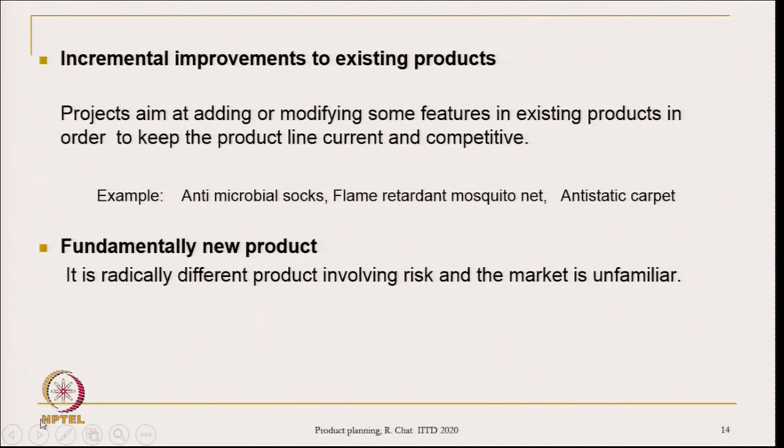So, incremental improvement is where existing product is improved in terms of its functions or performance. Here the aim of the project is adding or modifying some features in the existing products in order to keep the product line current and competitive.